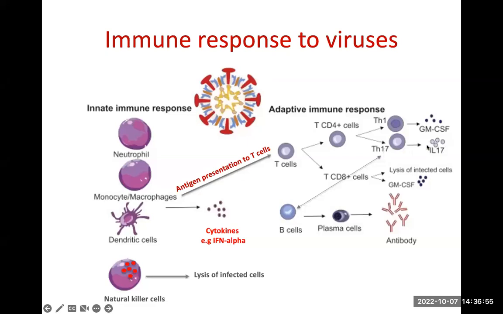Those are quite involved also in viral infections, but quite a lot in bacterial infections. They tend to be more effective against bacterial infections. We also have what we call TH2. This will produce things like interleukin-4, IL-4, that is quite effective in fighting parasitic infections. So there are subsets within the CD4 T cells, which we call TH1, TH2, and TH17.